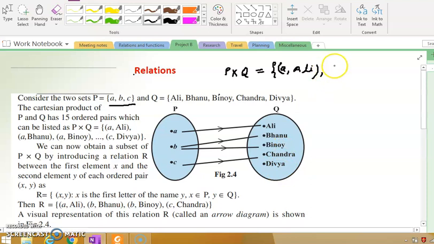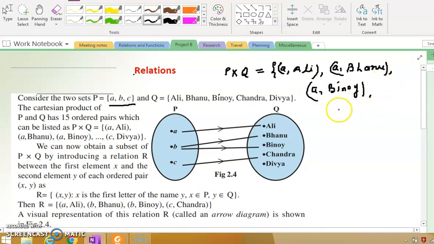Like A comma Bhanu, A comma Binoy, A comma Chandra, A comma Divya.